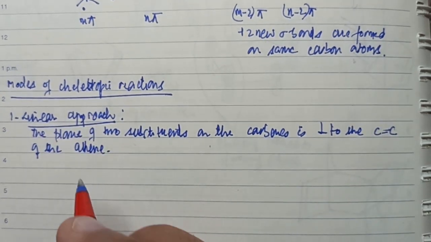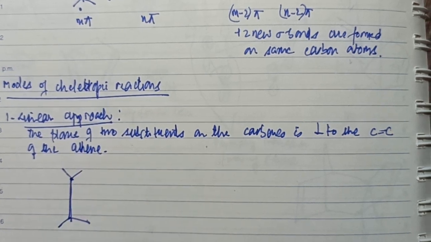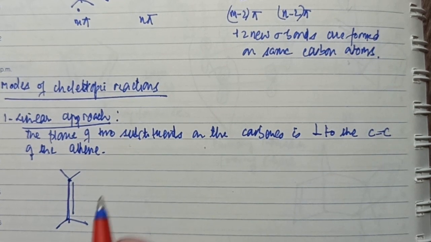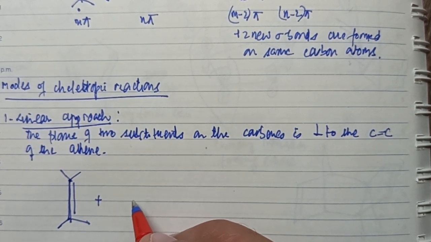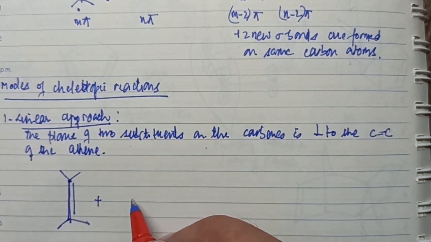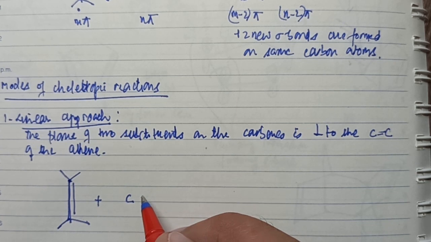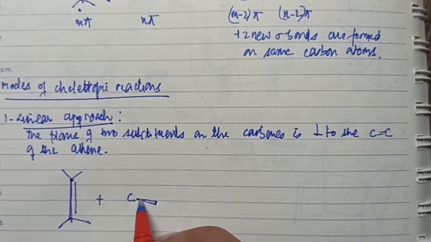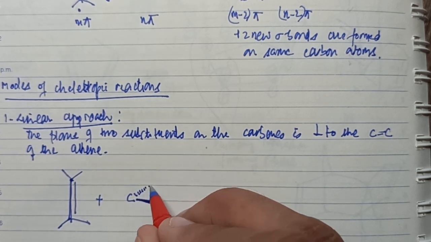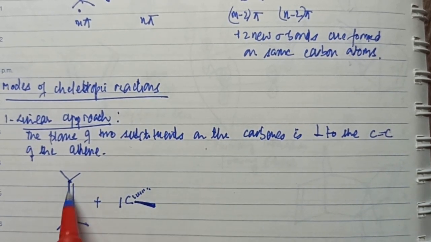What do we mean by this? Let's say this is the carbon-carbon bond of the alkene, and this is the pi bond here. And if my carbene approaches in such a way that the substituents on the carbene, let's say this is my carbene, and instead of hydrogens I have two different substituents, and the plane of these two substituents is perpendicular to the plane of the carbon-carbon bond of the alkene.